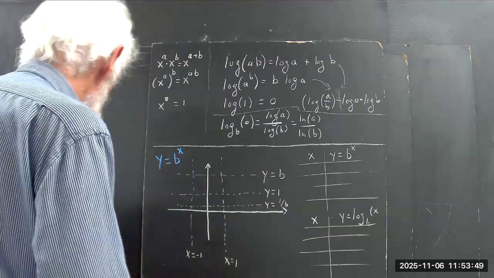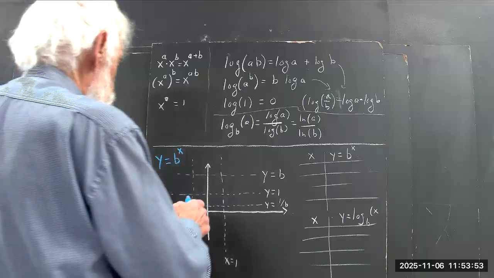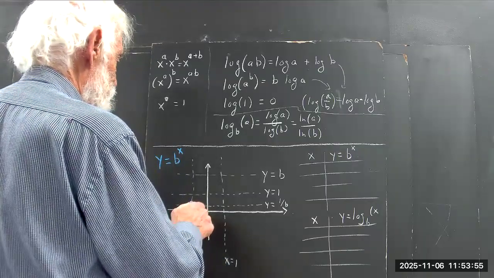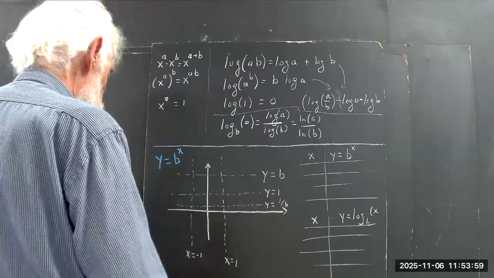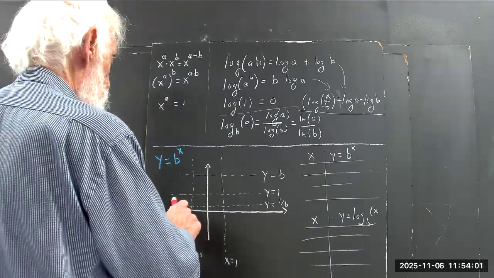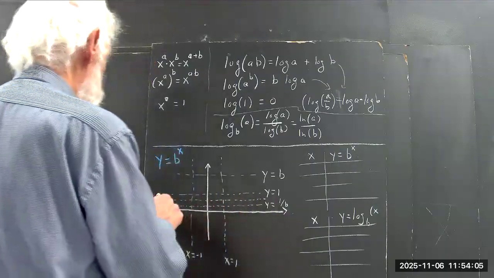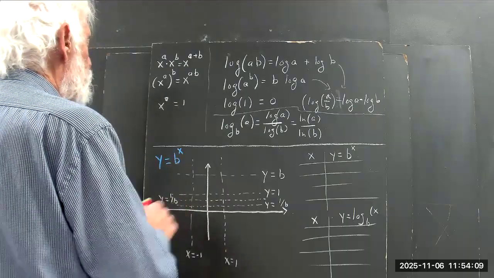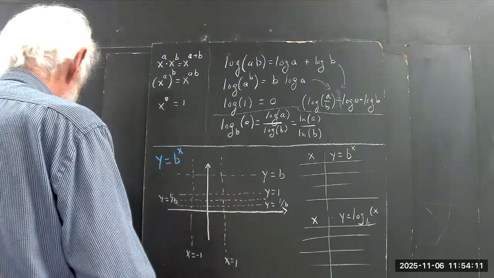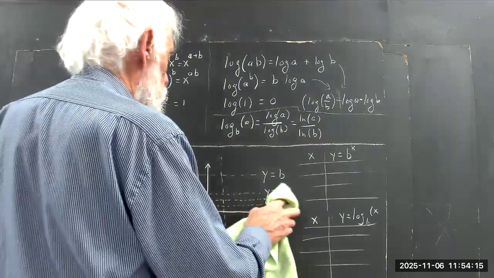Actually, my y equals 1 over b line ought to be a little bit higher. Okay, so this isn't a real good line. The value of b I have here, 1 over b, really ought to be maybe about here. So I'm going to make a little correction.